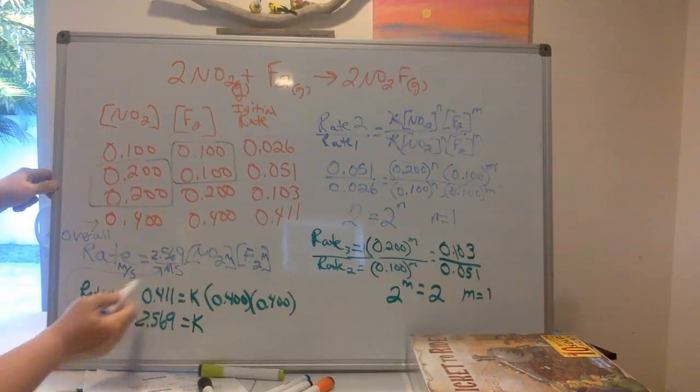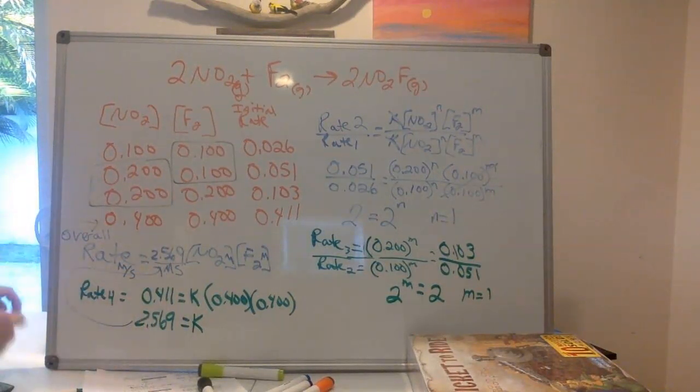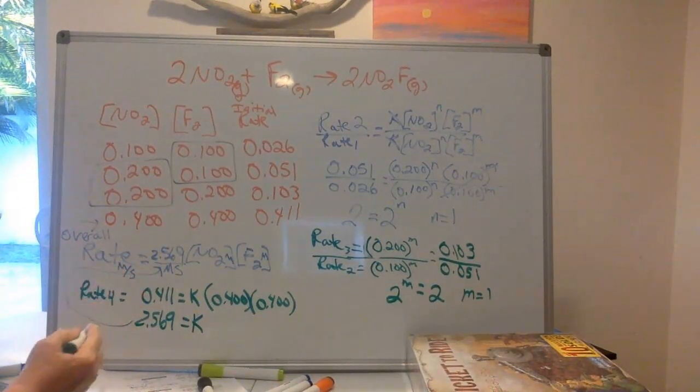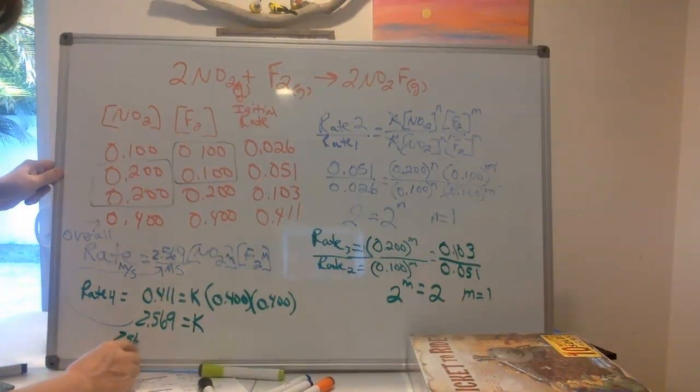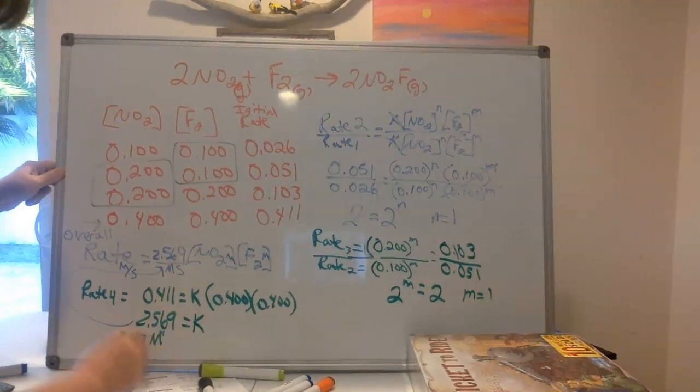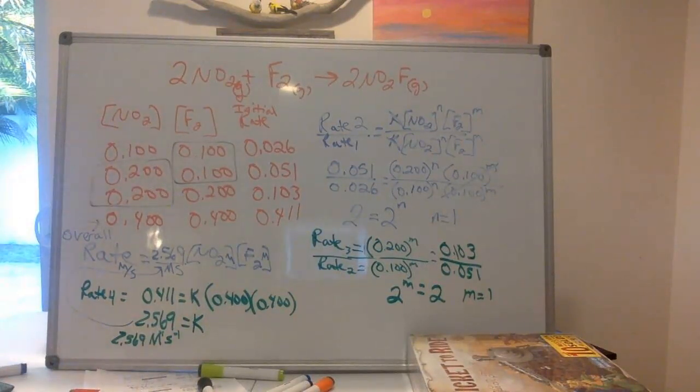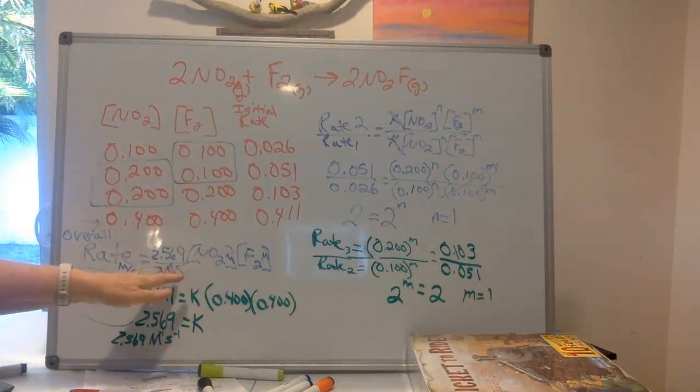So the unit for this K is actually per molarity per second. So it'd be 2.569 capital M to the minus 1, because it's going to be put in the denominator, seconds to the minus 1, because that's going to be put in the denominator as well. So that's something we look for as well. We look for the units.